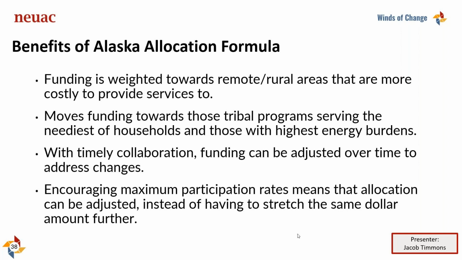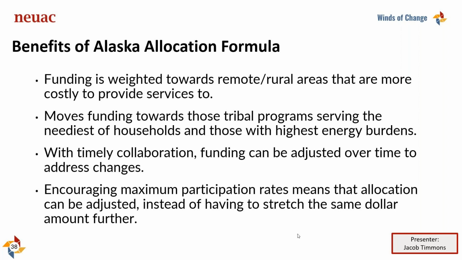And it also allows for collaboration and adjusting the funding if we're in good contact with the state of Alaska and can coordinate on our state tribal agreements. We can then serve those households if we have a change.